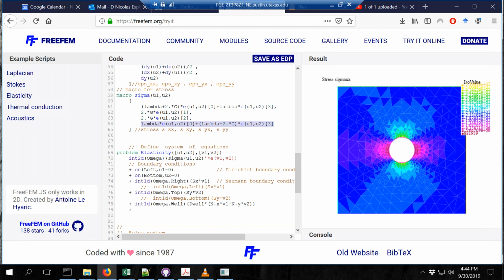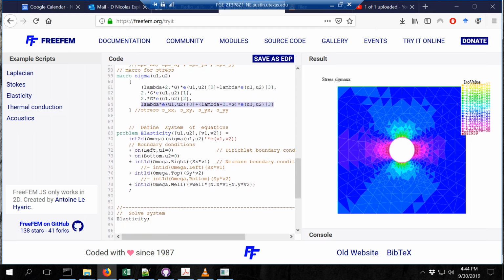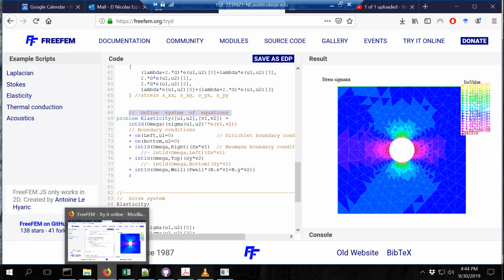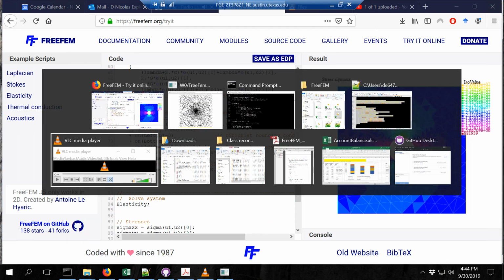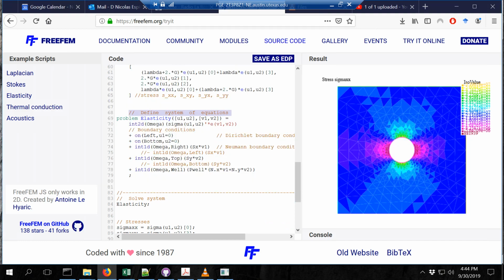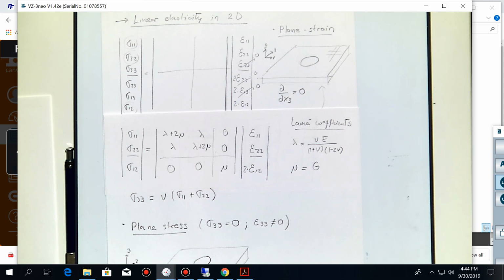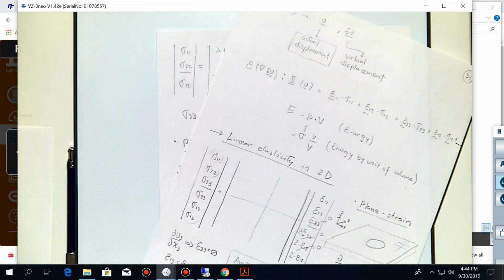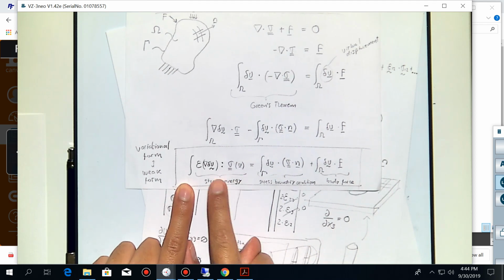Okay. So we have the vector of stress, we have the vector of strain. The last thing to do is to define the problem, and this is actually the differential equation. So now, let me come back to here. Okay, the next thing is just this equation.